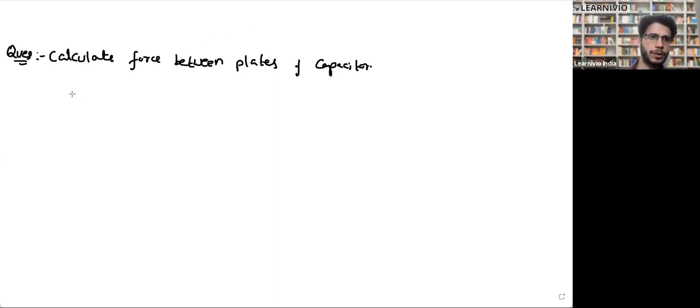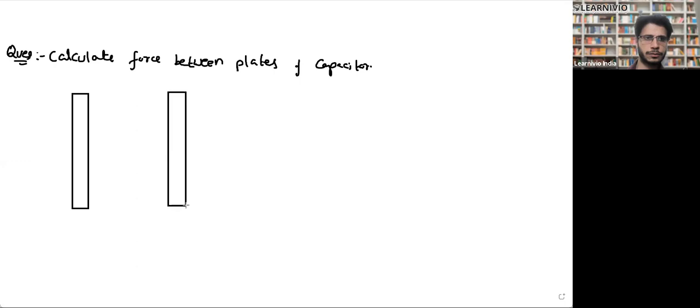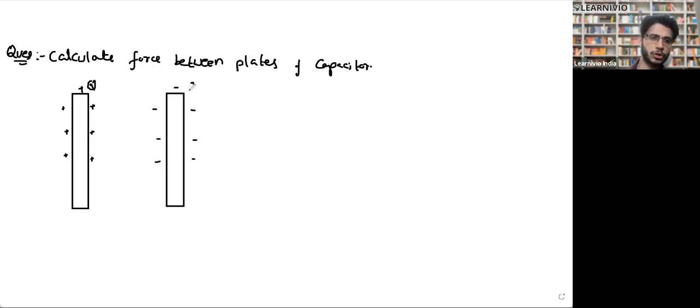So you have two plates of capacitor, one plate here, another plate. One plate is positively charged, another plate is negatively charged. You're supposed to calculate the force between the plates. The separation between them is d.